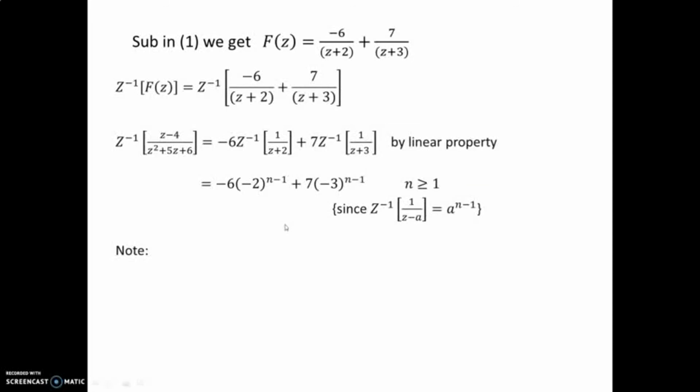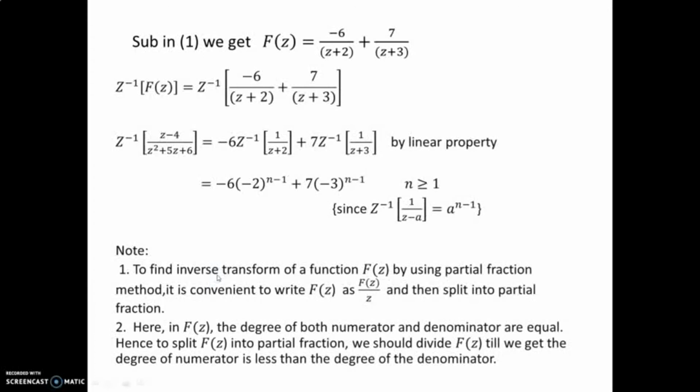In the previous two problems we considered, it is convenient to write f of z as f of z by z. Here it is not convenient; we write f of z and then split into partial fractions. In the above problem, the given function is an improper fraction. The definition of improper fraction is the degree of numerator is greater than or equal to degree of denominator.